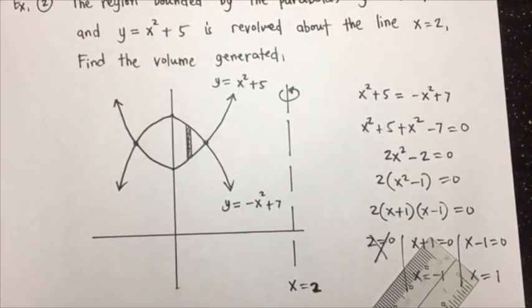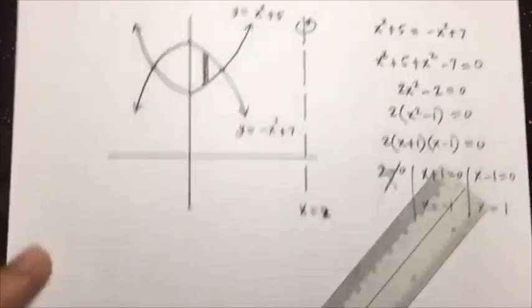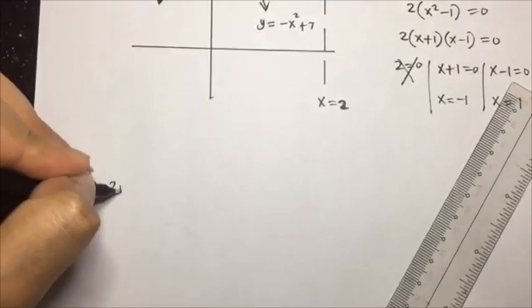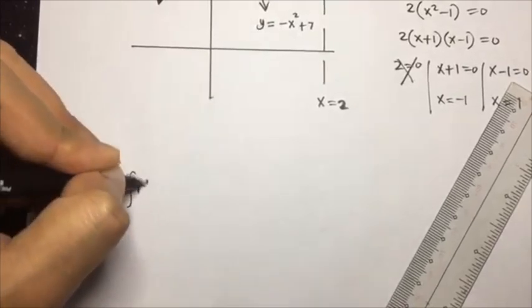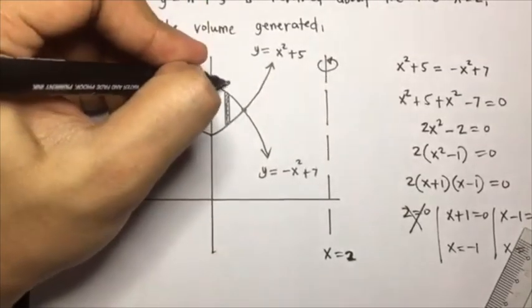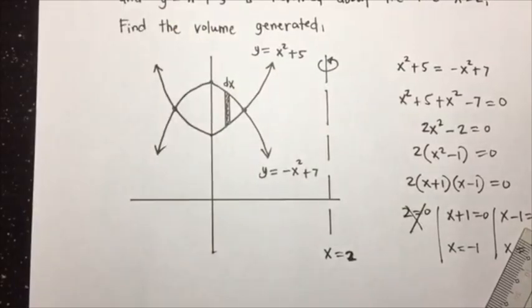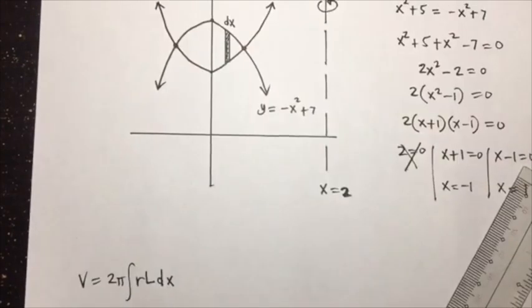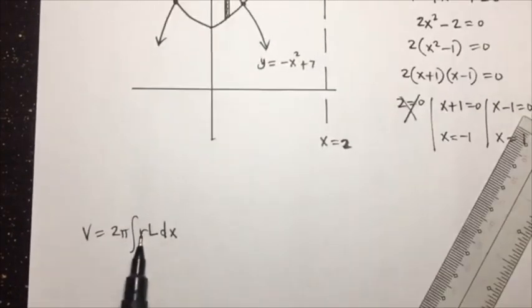So from the formula of shells, we have V is equal to 2 pi integral of R L, and in this case we'll be using dx.